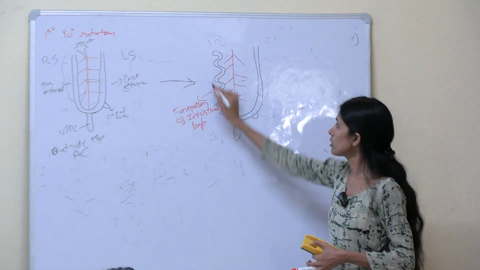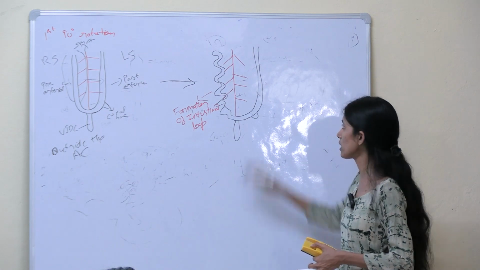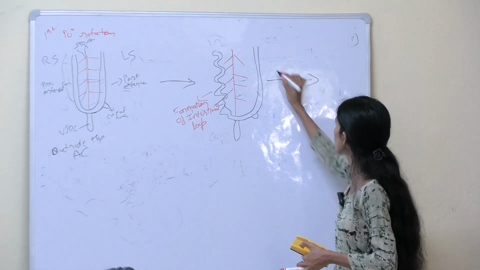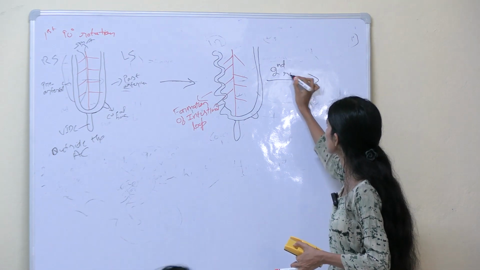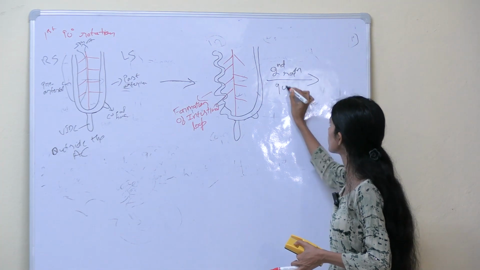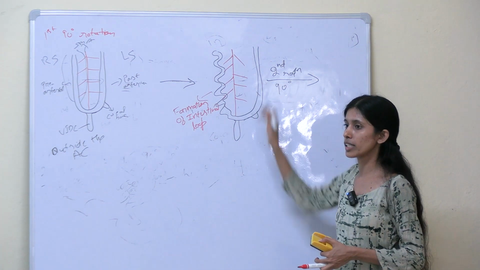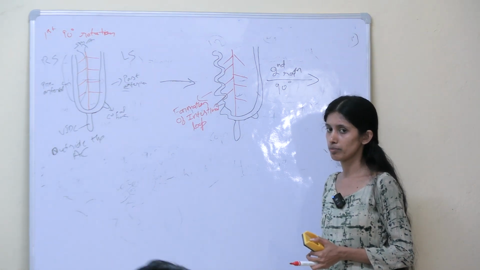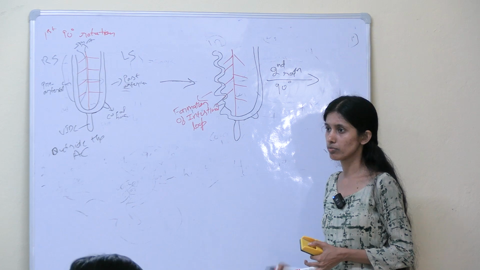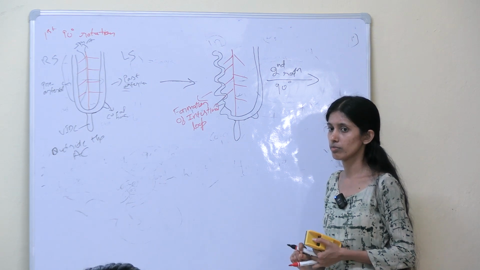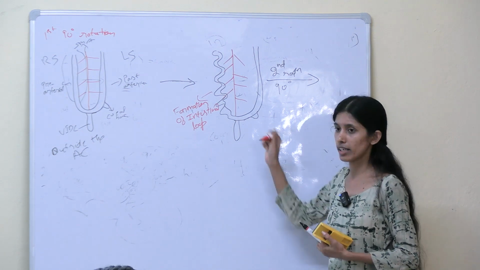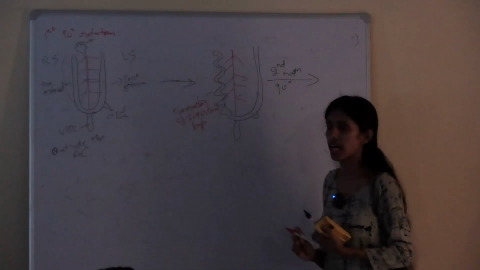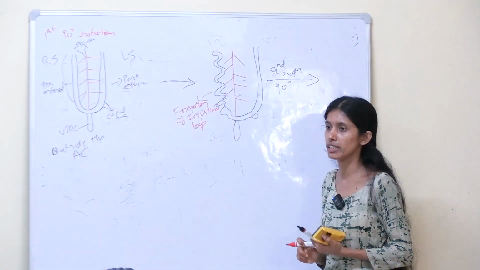Once the loop formation takes place, then the second rotation will happen. So now how will the second rotation take place in the anti-clockwise manner, at the 90-degree angle?